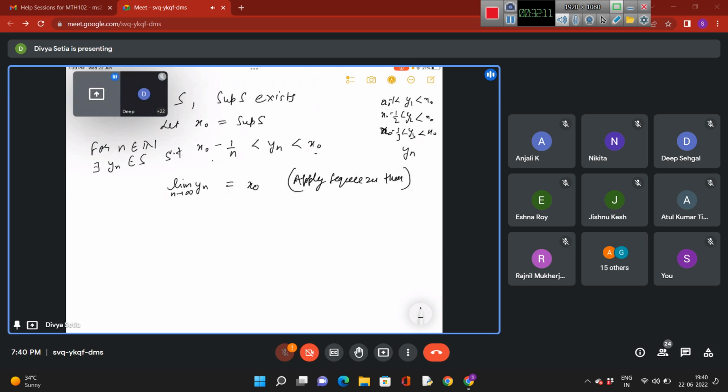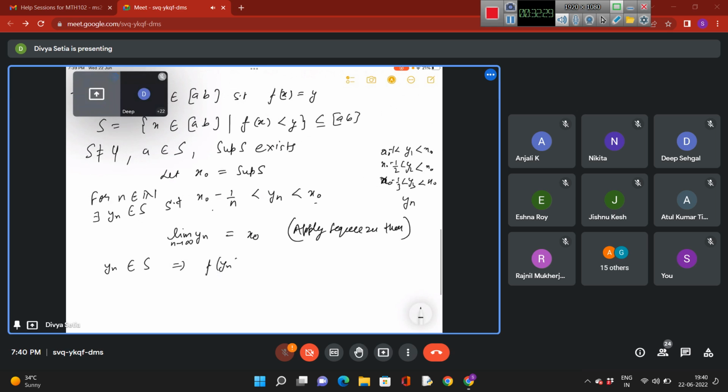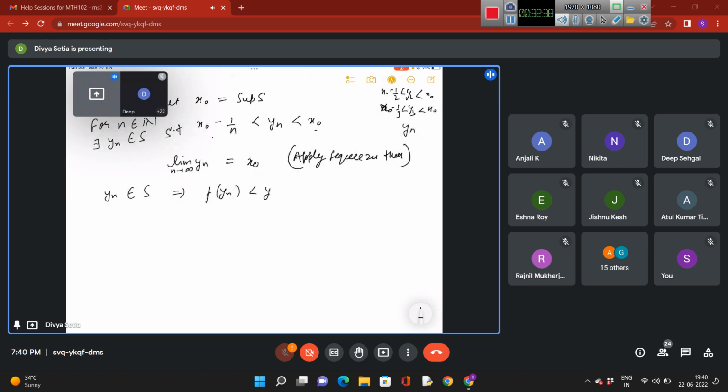Now, since all these yn belong to your set S, your f of yn should be less than y, by the condition you have on S. So if f of yn is less than y, taking the limit on both sides, because this is a constant sequence, the limit exists, and here also this limit should exist.